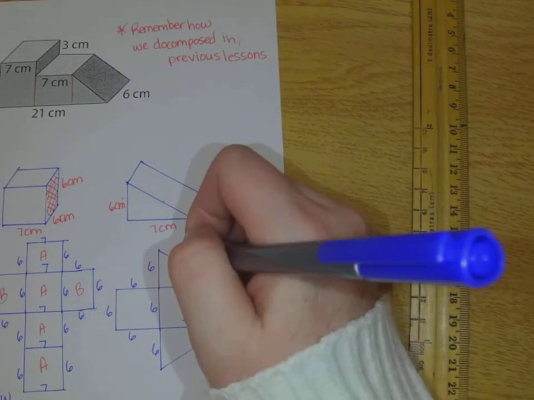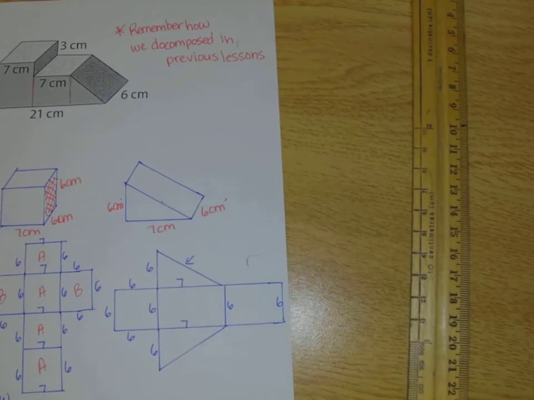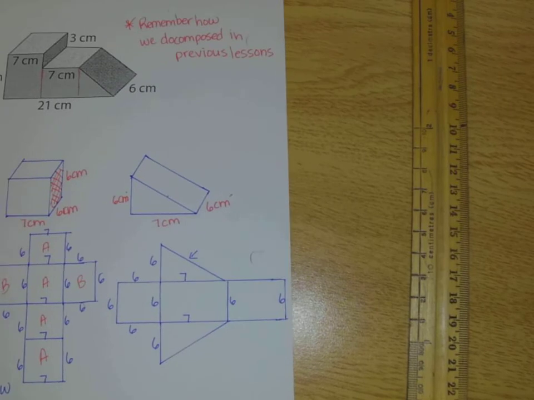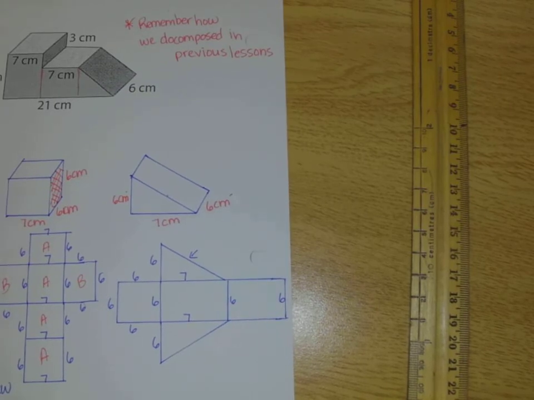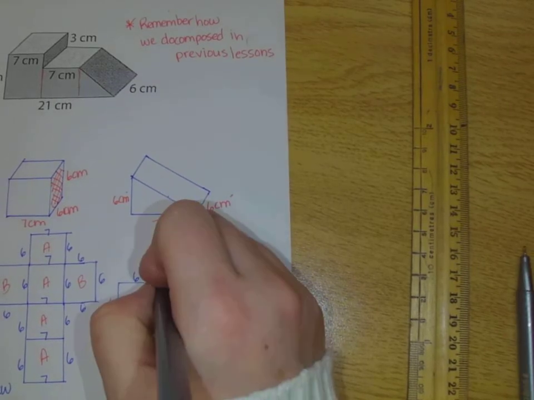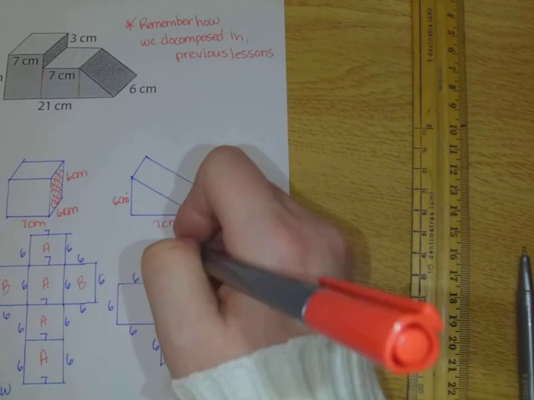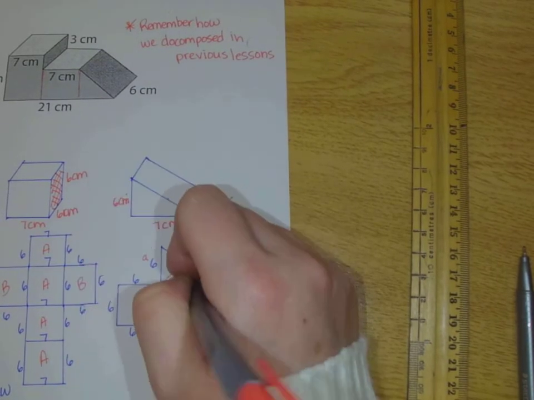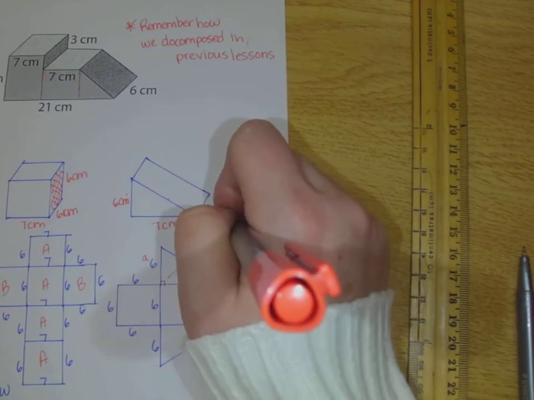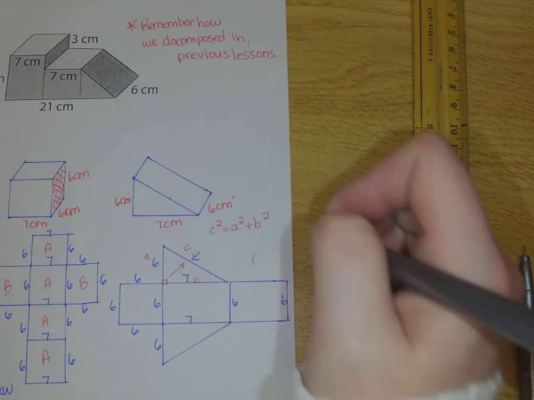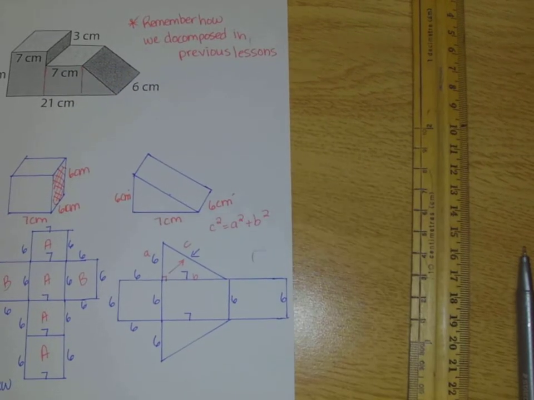So to find this part, we are going to have to do some Pythagorean theorem. Okay, so remember, here's our right angle triangle. This is our C, our A, and our B. So C squared equals A squared plus B squared. And you might have to do this in some of your questions, okay?